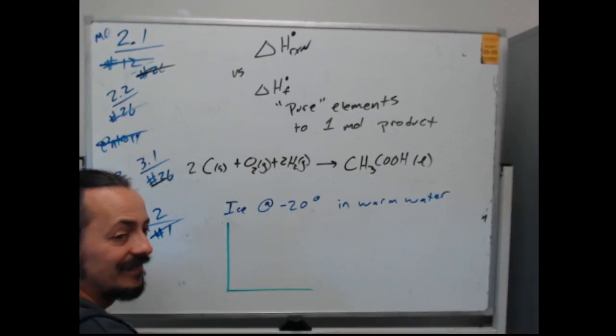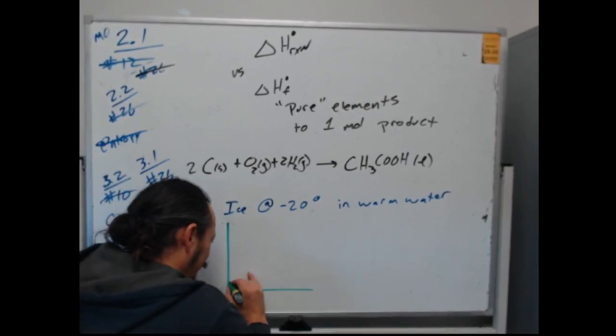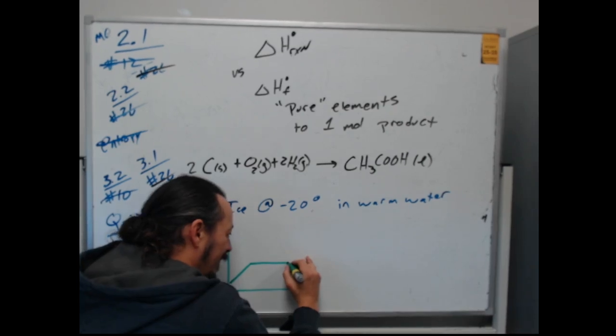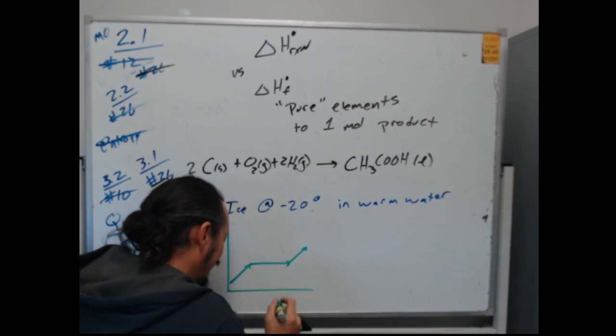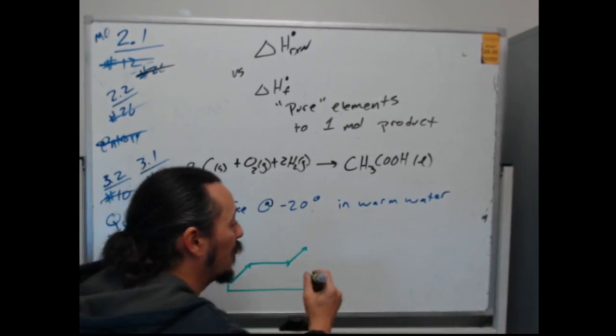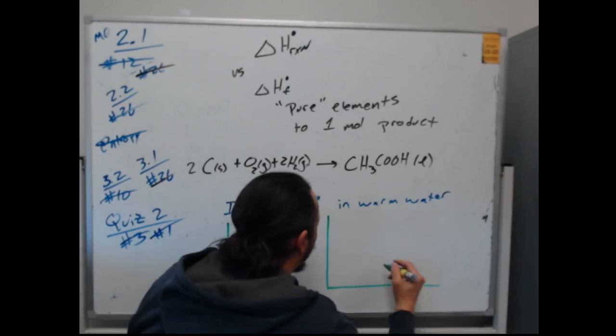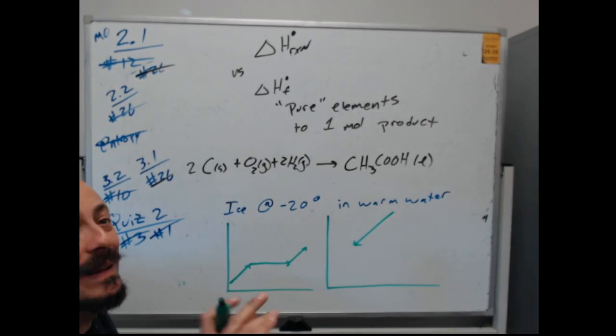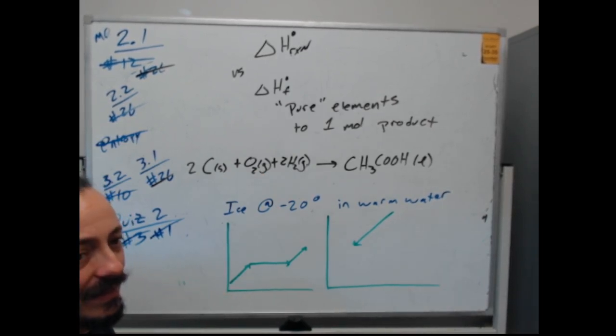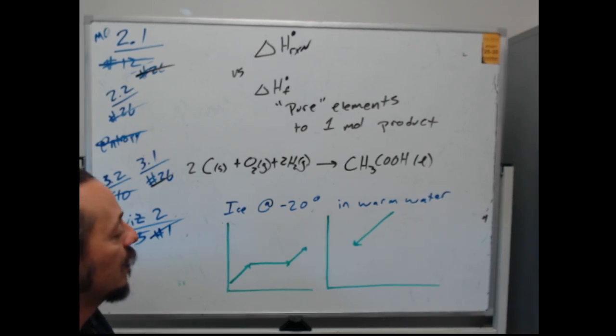Mm-hmm. And then you would take the n delta H of it going from solid to liquid. Mm-hmm. And then you need to take another MC delta T from liquid, from when it's warming to when it balances with the other water. Yes. Thank you. But then what does that equal to? Is that equal to the water heating up? Or cooling down, I mean?